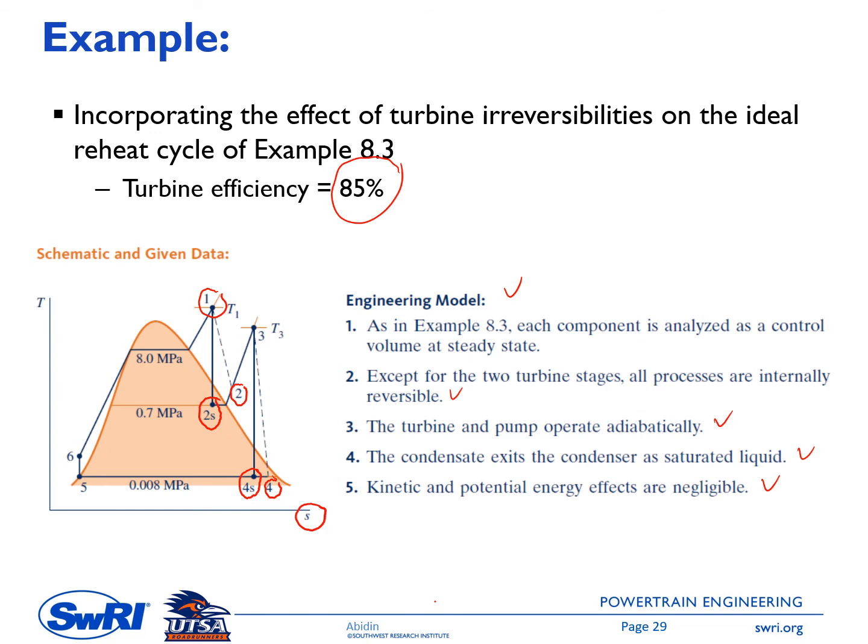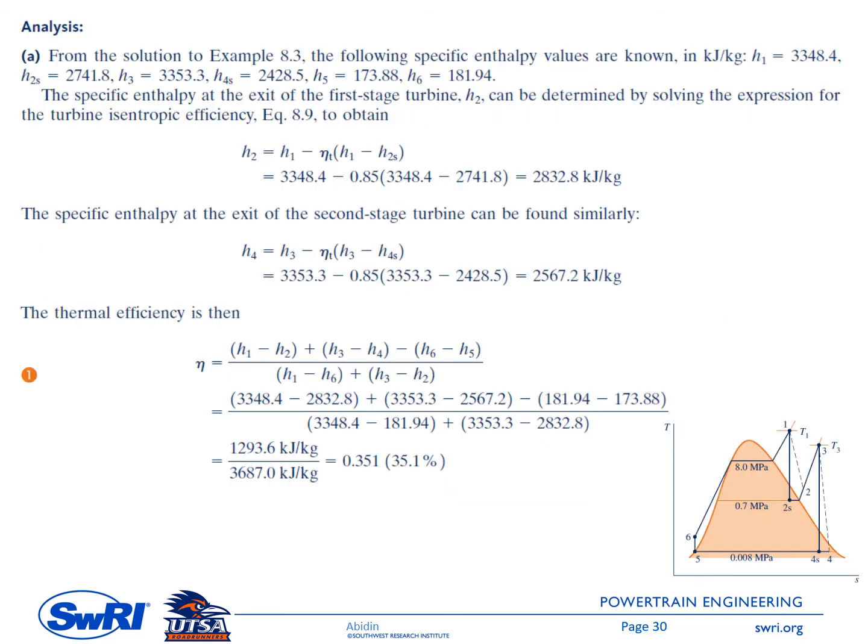Let's take a look at the solution of this example. State number 1 stays the same as the previous example. So we have h1, and we have calculated h2s. Now we need to calculate h2.